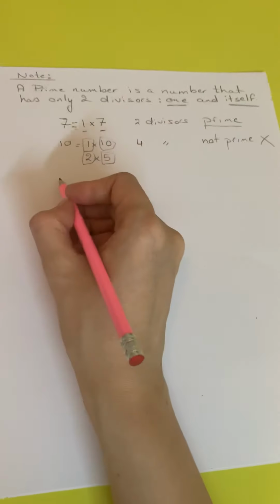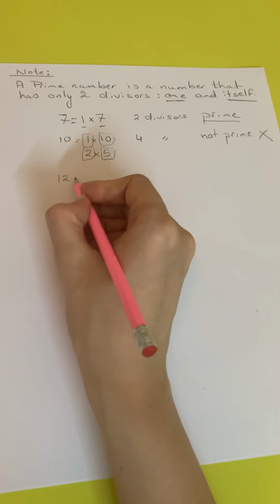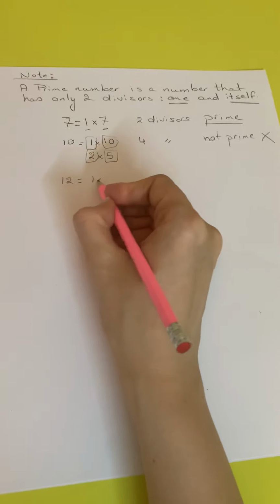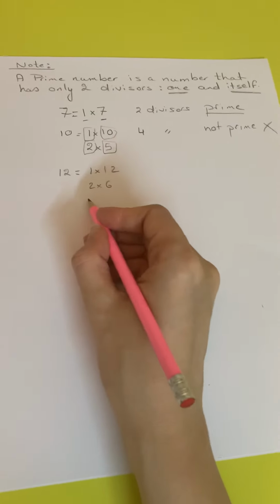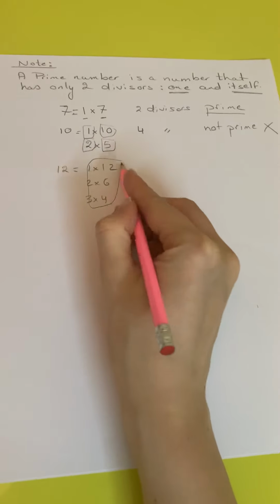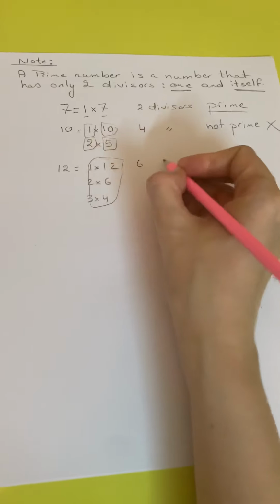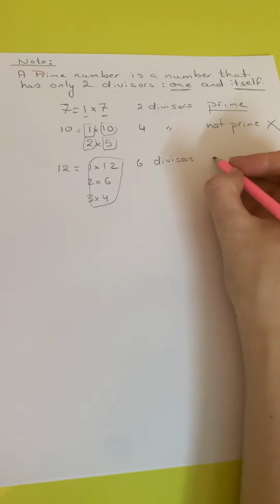Let's take another number, 12. You can write it as 1 times 12, or 2 times 6, or 3 times 4. These are 6 divisors, so it's not prime.